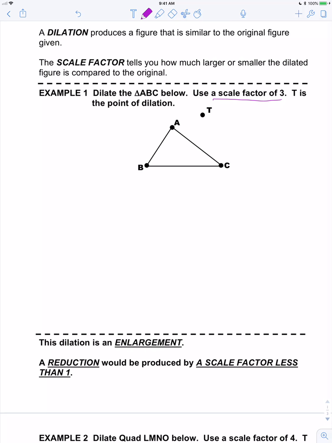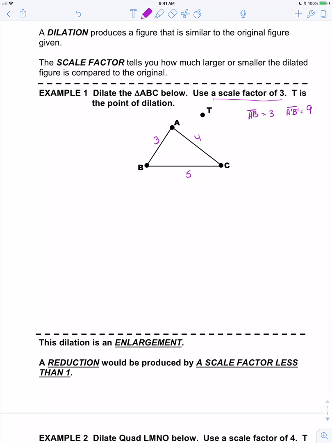Let's say, for example, side AB is 3, AC is 4, and BC is 5. If line AB is 3, then the new line A prime B prime would be 3 times 3, which is 9.